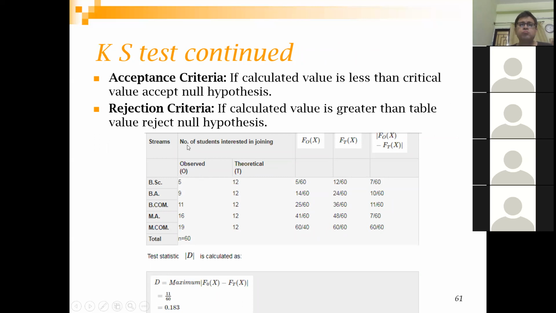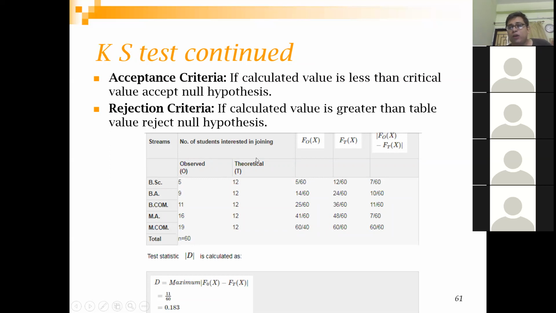This is the number of students interested to join a particular course. These are the different courses: BSc, BA, BCom, MA, and MCom. The observed frequencies are 5, 9, 11, 16, and 19. So the total number of students is n equal to 60.